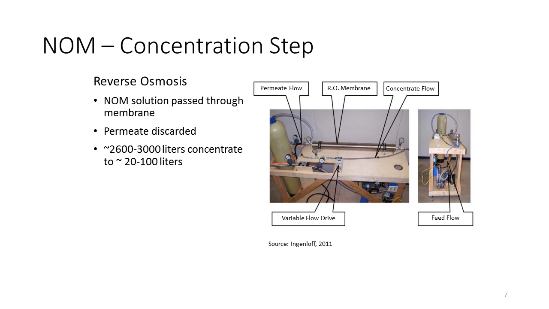And the permeate we actually just discard, we get rid of that, but then the concentrate, excuse me, is then pumped back into those intermediate storage tanks, and then that's run basically in a circle, concentrating that down to about 20 to 100 liters of concentrate. Theoretically, you can get above 90% recovery of that natural organic matter.